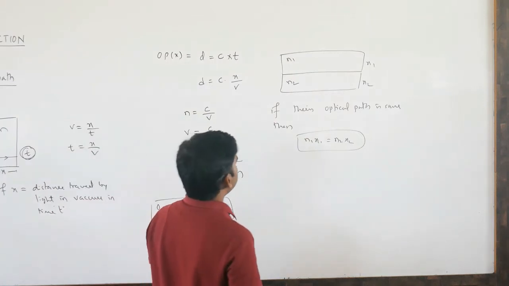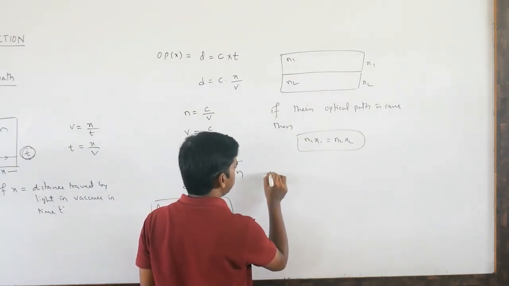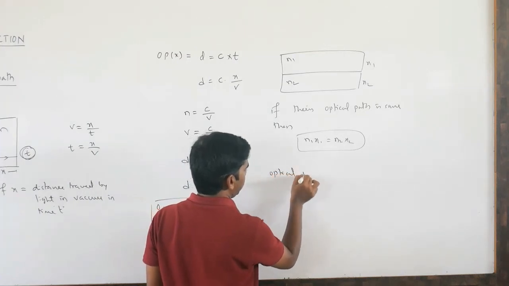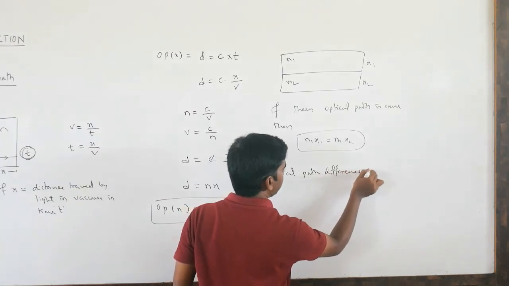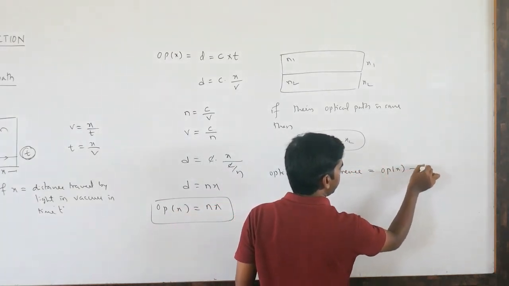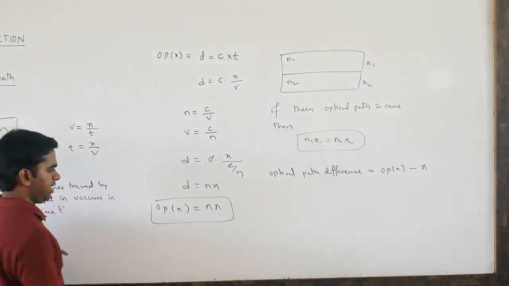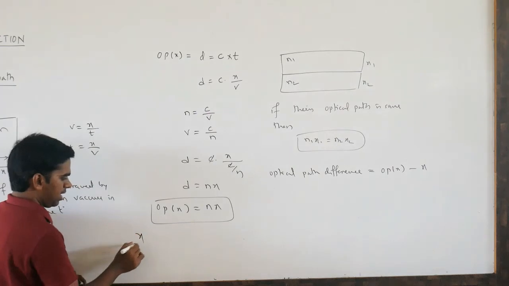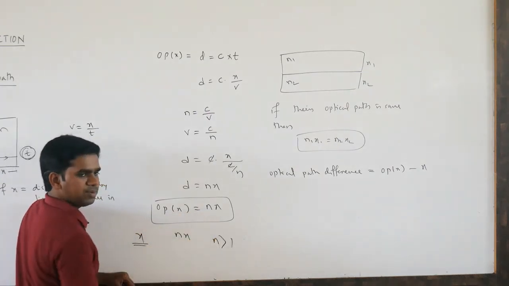There is something called the optical path difference. What is the optical path difference? It is the optical path length of x minus x. Optical path length is always greater than x, because x is the actual path length and the optical path length is n into x. n is always greater than 1, we know that.